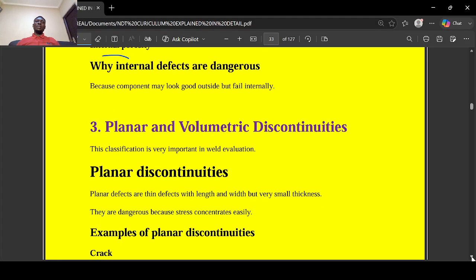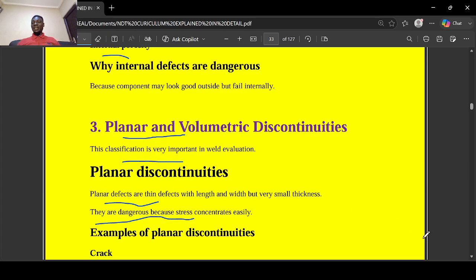Then we have number three, talking about planar and volumetric discontinuities. This classification is very important in weld evaluation. Planar discontinuities are thin defects with length and width but very small thickness. They are dangerous because stress concentrates easily.